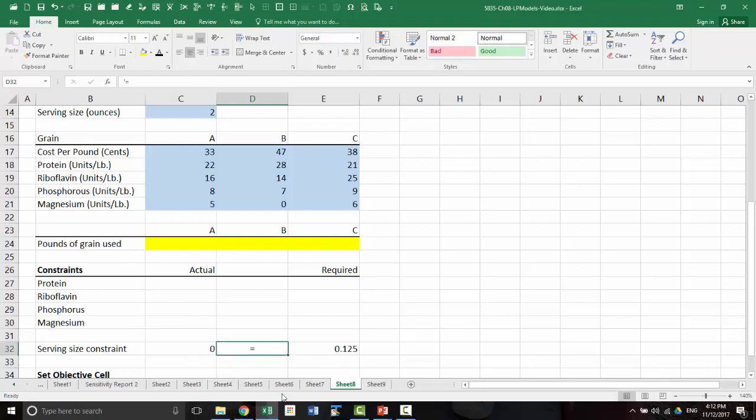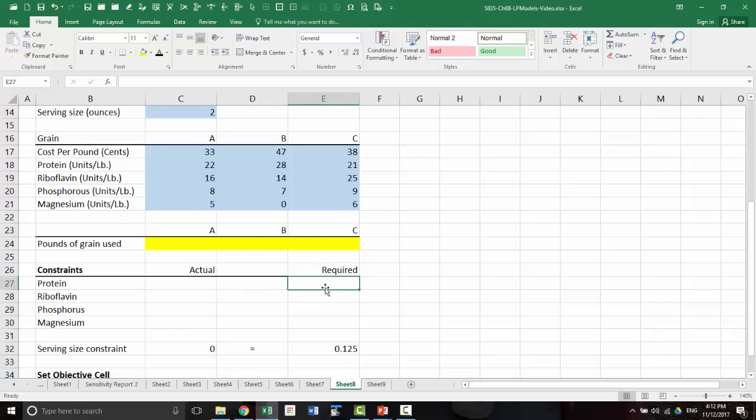So now we have taken care of converting the ounces into pounds, and this is going to make sure that the output is exactly 2 ounces.